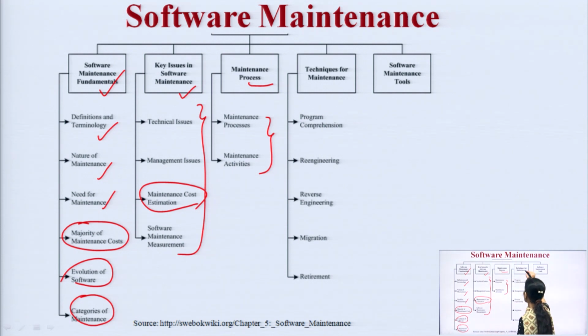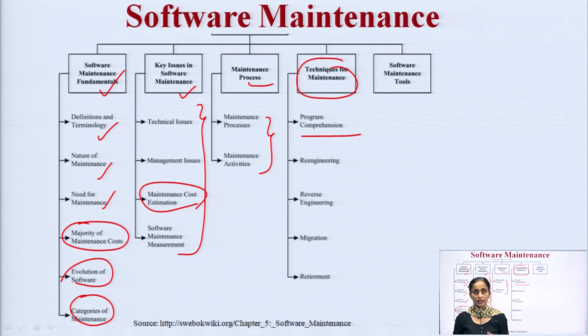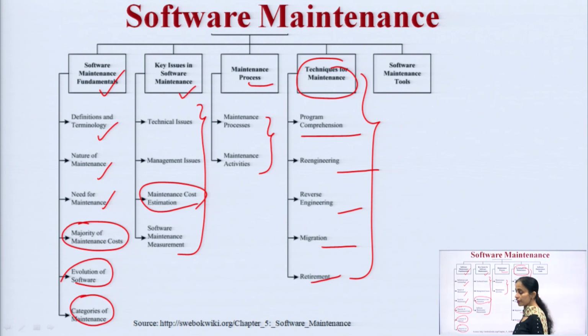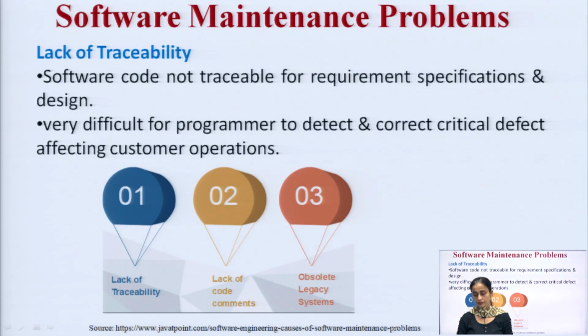After that, what are the techniques for the maintenance, for doing the program comprehension, re-engineering or reverse engineering, or doing the code migration or retirement. How my software is going to behave in this, and what are the different management tools and maintenance tools. That is the layout in which we will be taking care of the software maintenance phase.